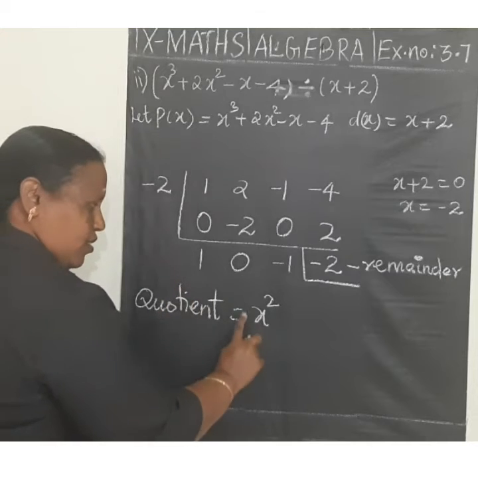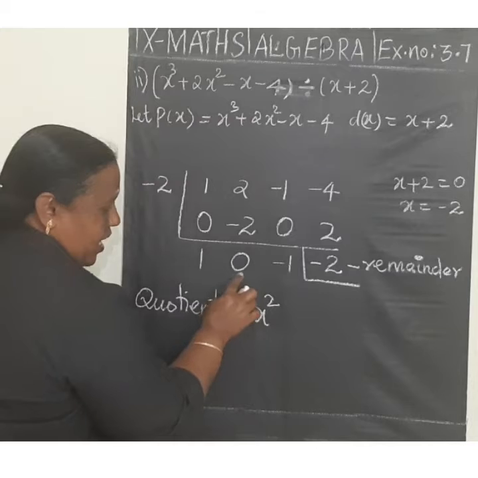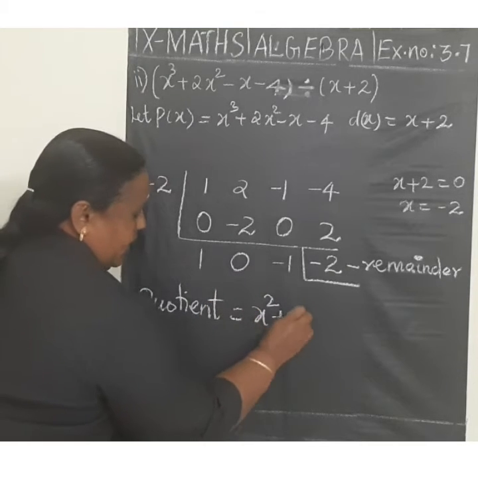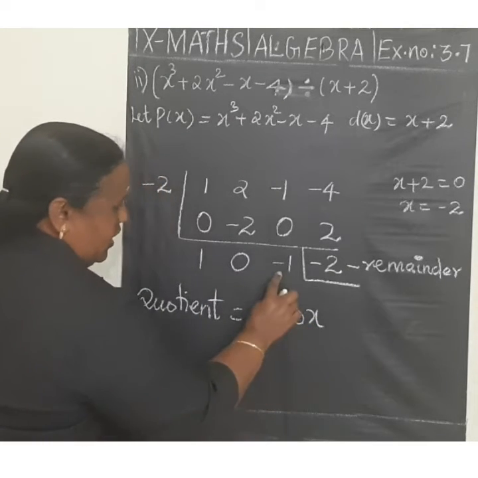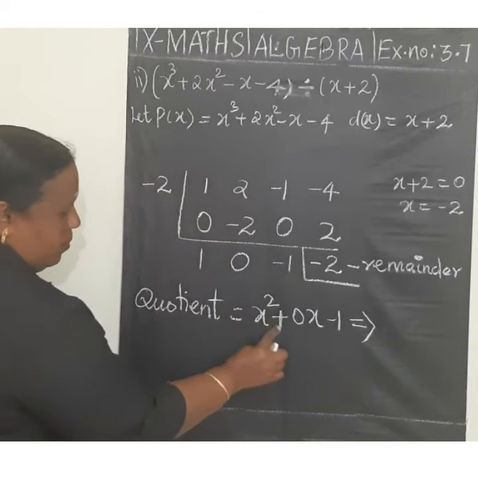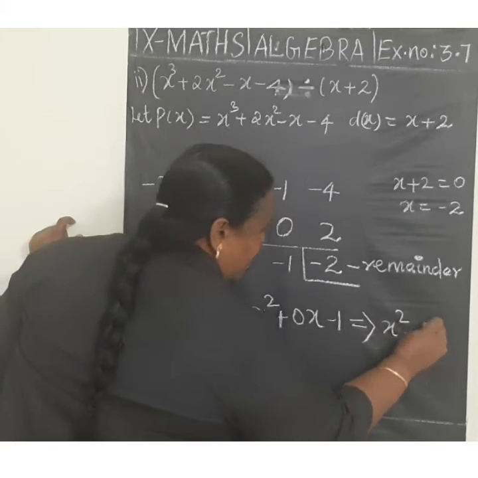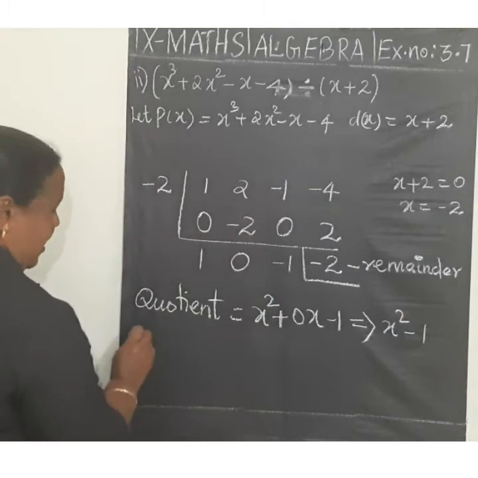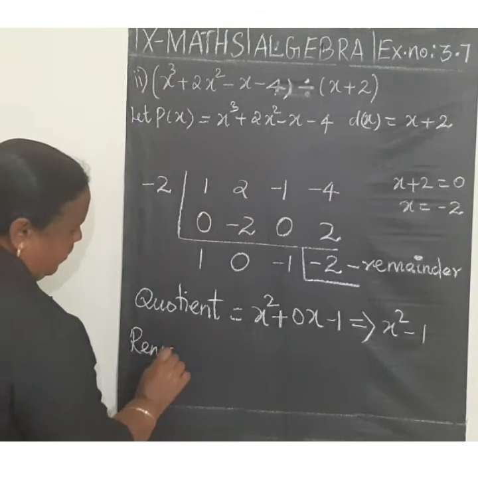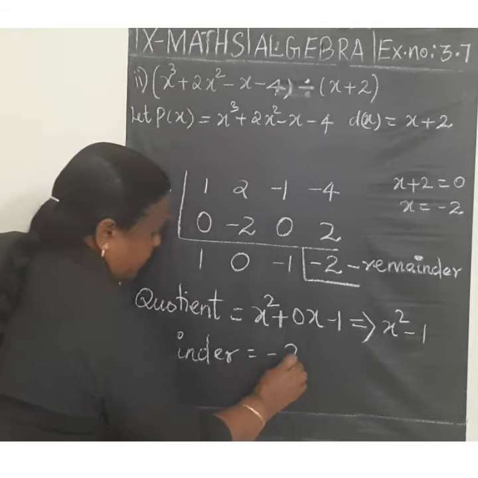Then after x square we write the x term, but here the x term they have given us 0, so we can write it as plus 0x. Then here minus 1. We can write it as x square plus 0x minus 1, that is x square minus 1. Then our remainder is equal to minus 2.